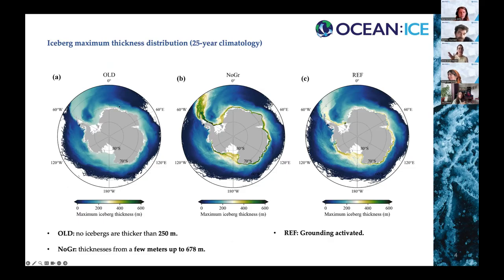In the left panel, in the old experiment, no icebergs are thicker than 250 meters, as you remember from Table 1, as the old code has been defined like this. But now, with the new definition for the iceberg thickness distribution, in the no grounding experiment, corresponding to the middle panel, iceberg thicknesses range from a few meters up to 678 meters.